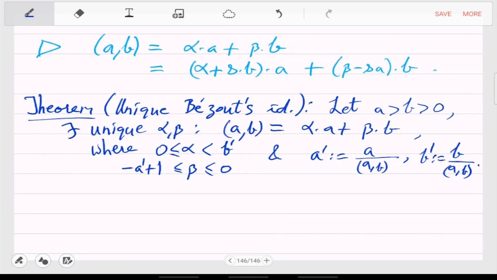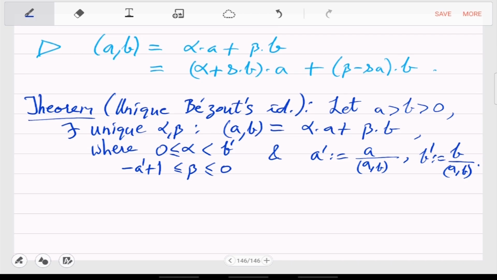This is too complicated to read, so let's make the GCD of A, B equal to 1. Let's assume A and B are co-prime. So in that case, what we are saying is that 1 equals alpha A plus beta B for co-prime A, B will have unique alpha, beta such that alpha is smaller than B in magnitude and beta is smaller than A in magnitude.